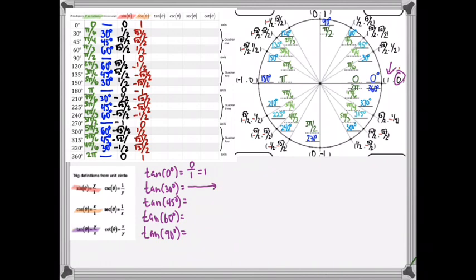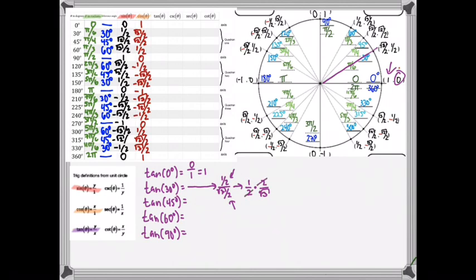The y value for 30 degrees is going to be 1/2 divided by the square root of 3 over 2. When you're dividing fractions, you take the first fraction and multiply by the reciprocal of the denominator, which is going to be this guy.